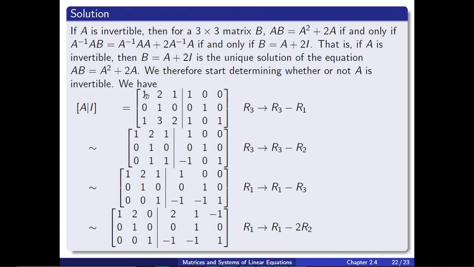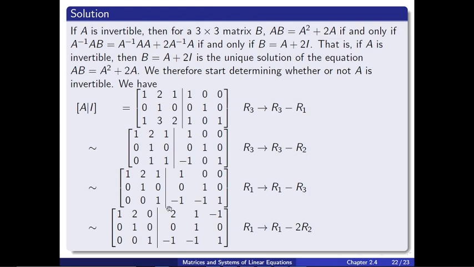We start off with a 1 there, and we want a 0 there, so we say R3 minus R1. That is our row operation. We do that, and then here we've got 1 1, and we want this to be a 0, so we say R3 minus R2, and we get a 0 there.